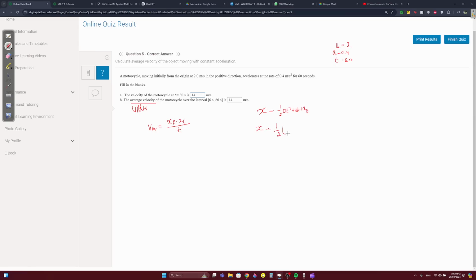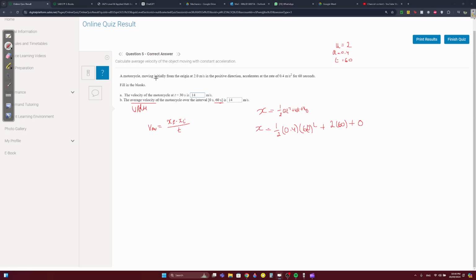So half times the acceleration 0.4 times the time 60 squared, plus ut, 2 times 60, plus x0, which is 0. We didn't say anything about it being 5 meters from the origin, for example. They didn't say anything about that. Some people are going to say, why do you use 60 now instead of 30? Because here they said 60.